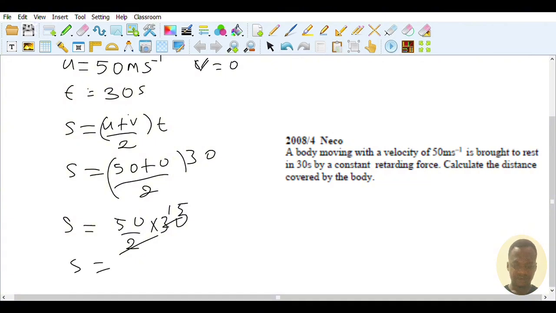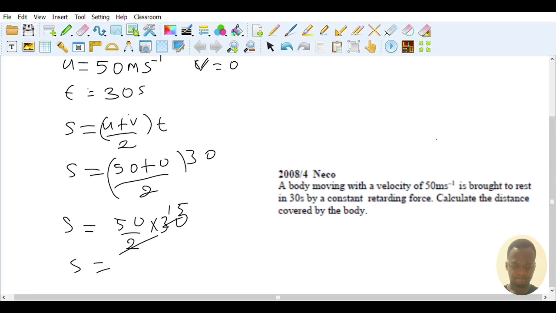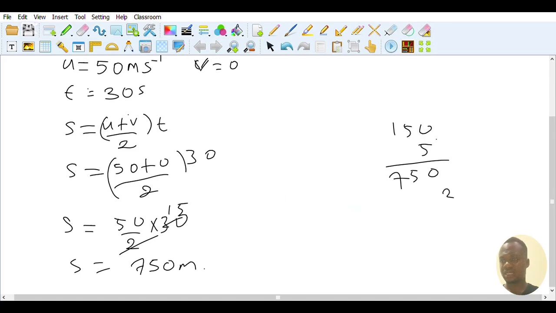Okay, 15 times 50 is going to be the same thing as 150 times 5. This is 0, carry 2, 5 times 1, 5 plus 2, 750. So I have 750 in meters. So the distance covered is 750 meters.